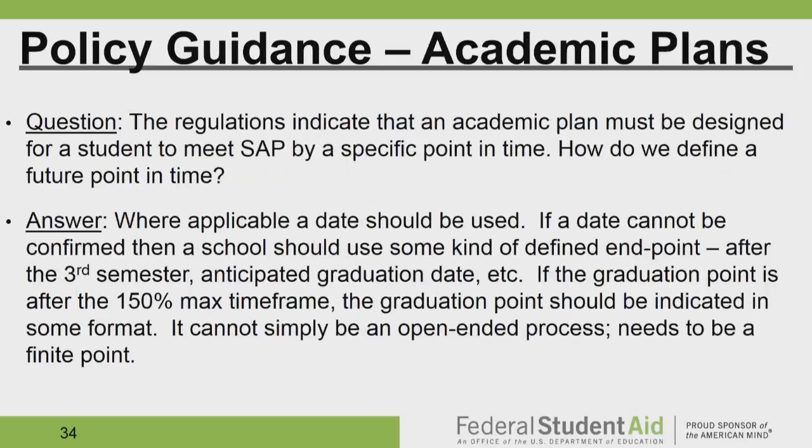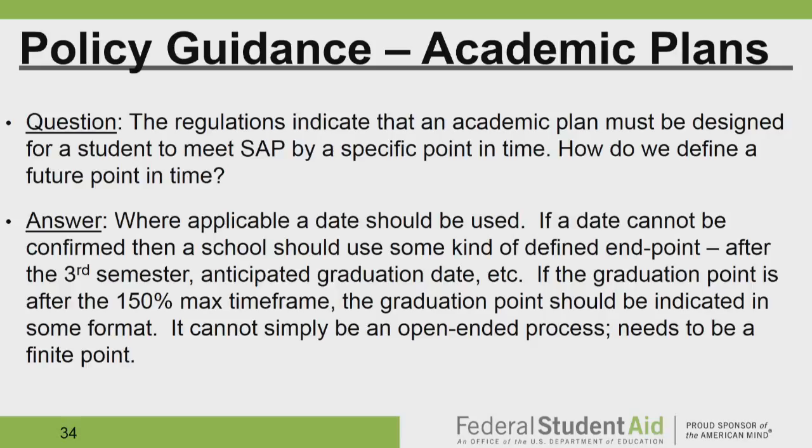And then academic plans. We had talked about that for a little bit. I mentioned that the academic plan has to have a specific endpoint. And schools have said, well, what does that mean? Well, it would really be great if it was a date, some very specific point in time where the plan ends.